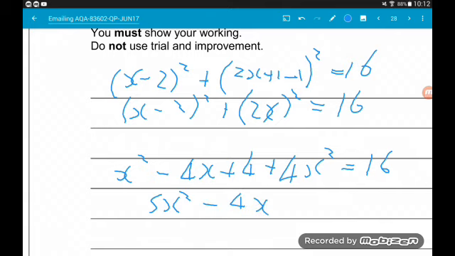Now this is a quadratic, so we're going to have to solve it, so we want everything on the same side, with a nice 0 on the right hand side. So we're going to take away the 16, so 4 minus 16 is minus 12. So that is equal to 0.